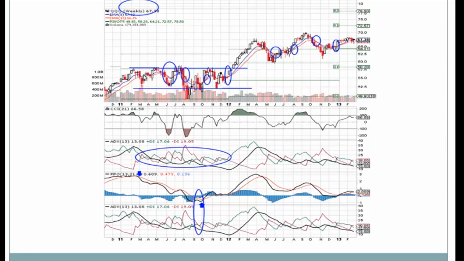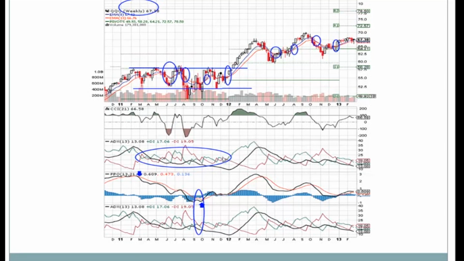Now, certainly there was some money to be made here in these drops as it dropped down and went up again, but this is an area where it's evident what is taking place, that there is this braiding happening in the DI lines where one's up 1 week or 1 month and then down again, and they're jockeying for position, and neither of them has taken control in the way that you see here.